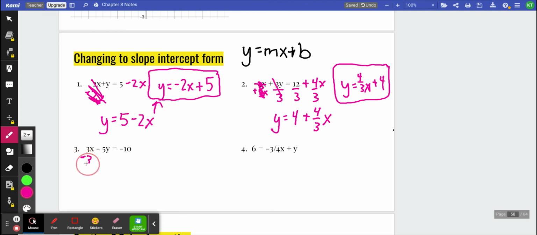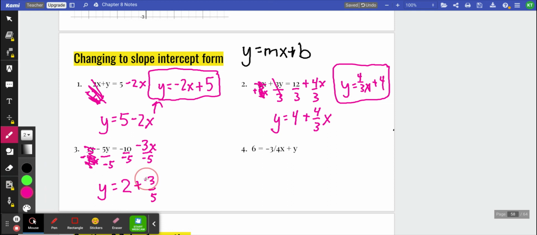Here, should have started by subtracting 3x. Right, and I'm going to divide everything by -5. So that leaves me with y equals -10 divided by -5 is +2. -3 over -5 is decimal, so right, 2 negatives make a positive 3/5.